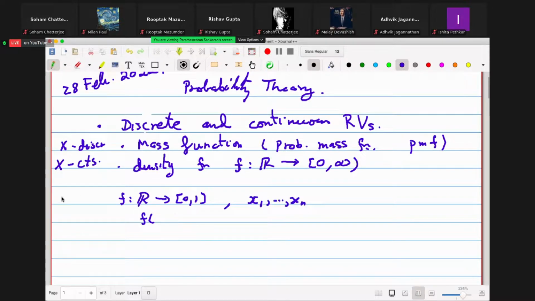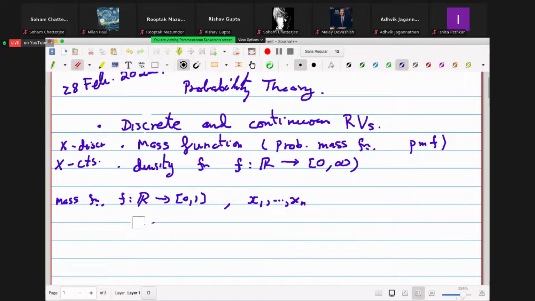So this is for a mass function, and it will always take values in that range. I even made the domain equal to this, but it's better to have the domain equal to the whole of R, where if x is not one of these xi's, then you set it to be equal to 0. You can take that convention, but it really doesn't matter.